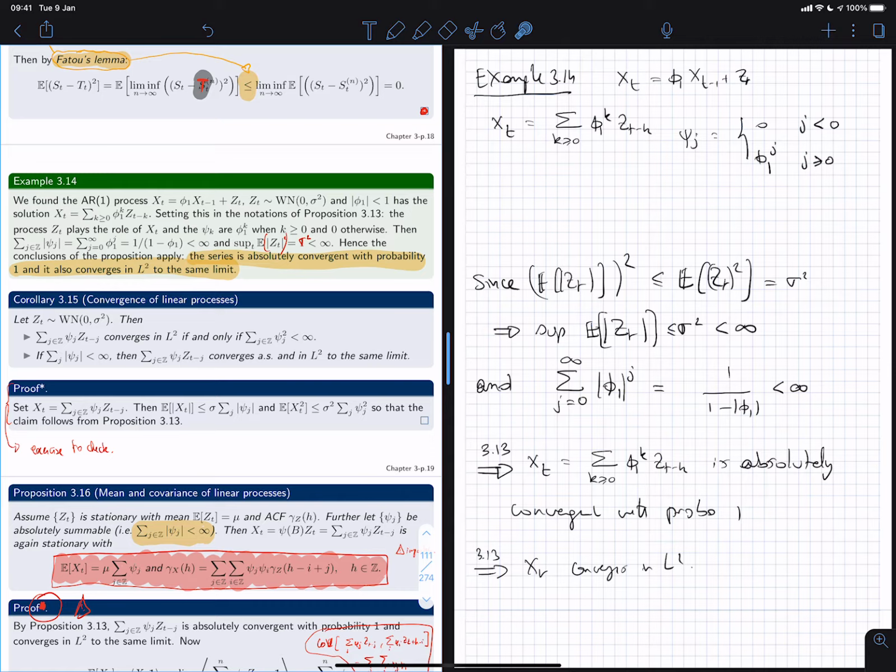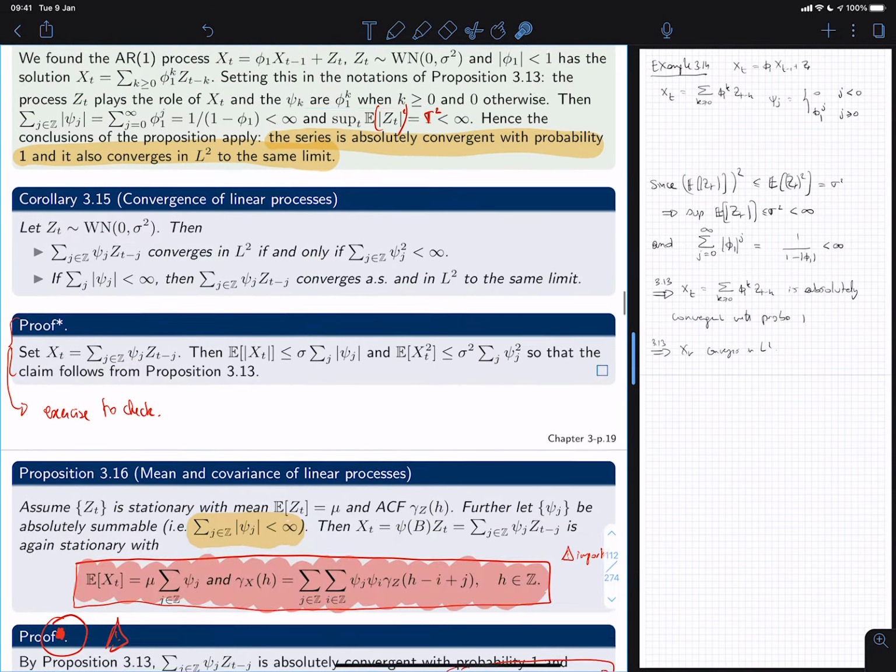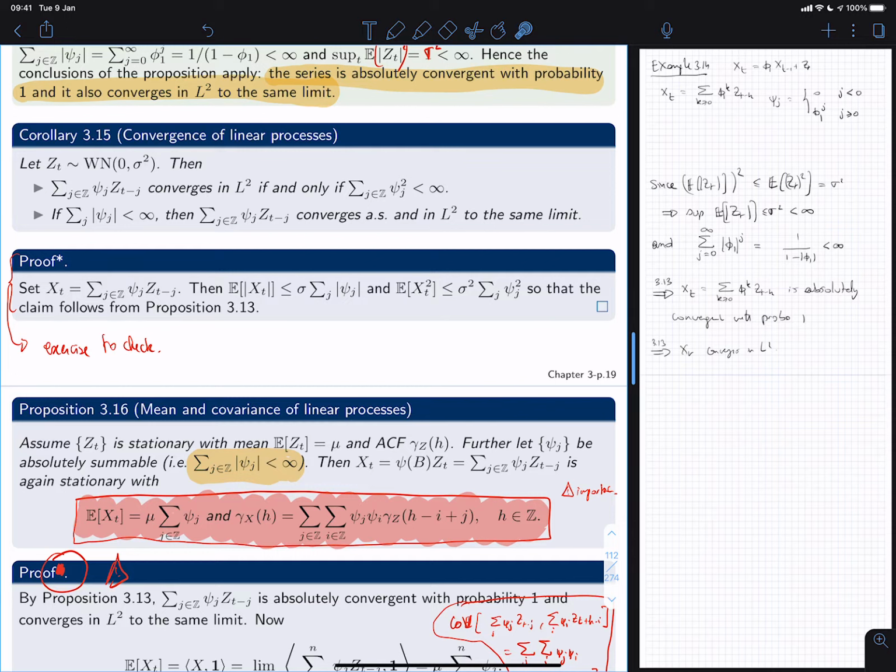More generally, if we read proposition 3.13 a bit better, again, this is not a proof with a star, it's an exercise for you to do. You can see that the sequence here converges in L2 if and only if the sum of the coefficients squared is finite.